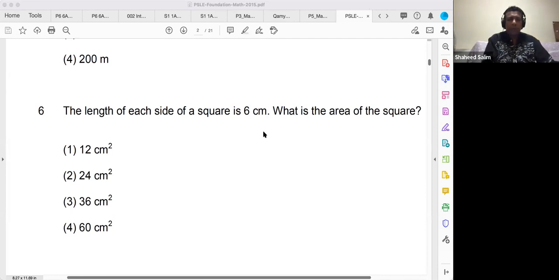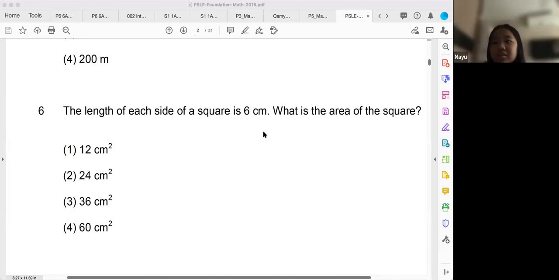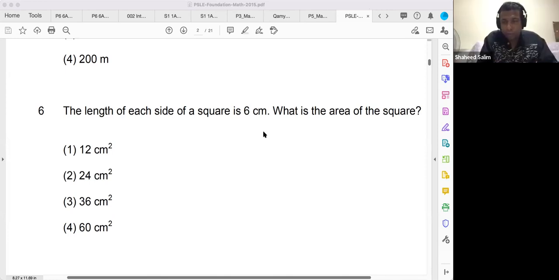Okay. What's the area of the square? 24. How did you get 24? 6 times 4, is it? Are you finding perimeter or area?